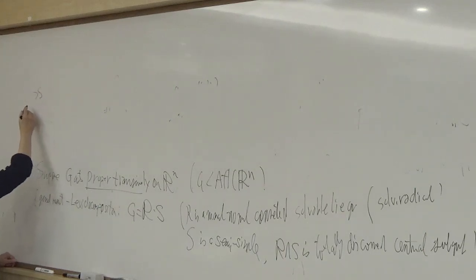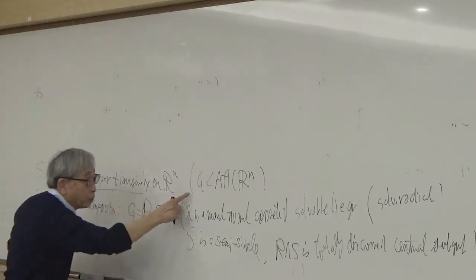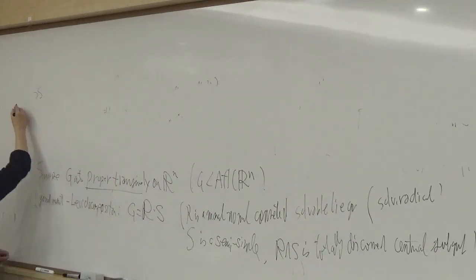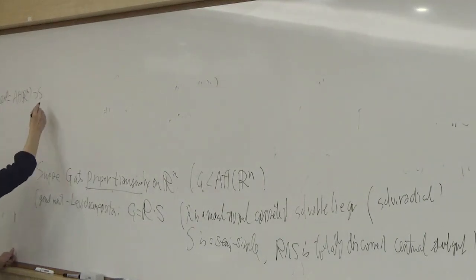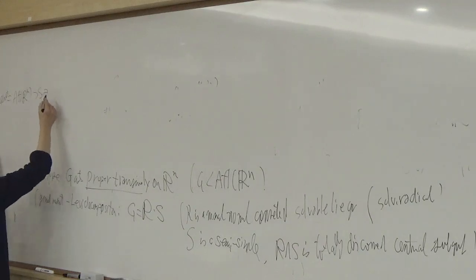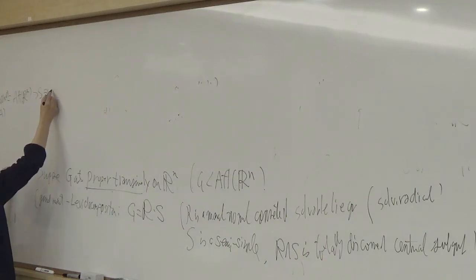S is a subgroup of G, so it belongs to Rn and GLn(R). So this element you can write down as a translation a and a general linear element A. So this element S has the form (a, A).